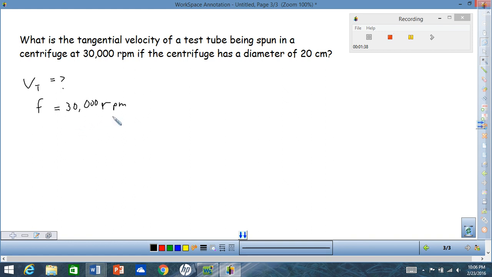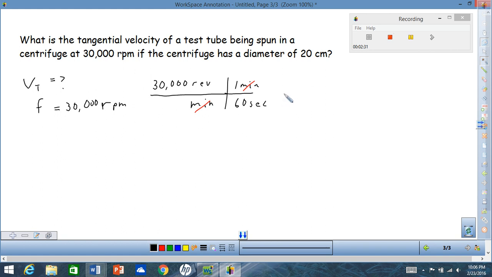So let's go ahead and convert that. If it's in RPMs, you'll just need to divide by 60. I'll show you the rationale for that. If it's 30,000 revolutions per minute, and we'd like that in revolutions per second, we need to put 1 minute over 60 seconds. When you do that, the minutes divide away, and 30,000 divided by 60 leaves us with revolutions per second.